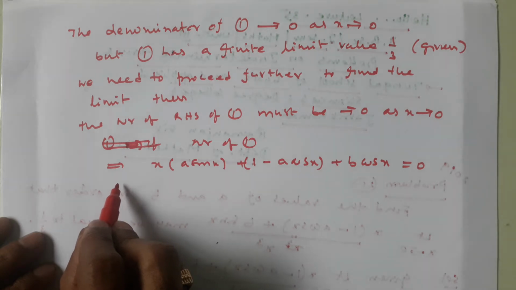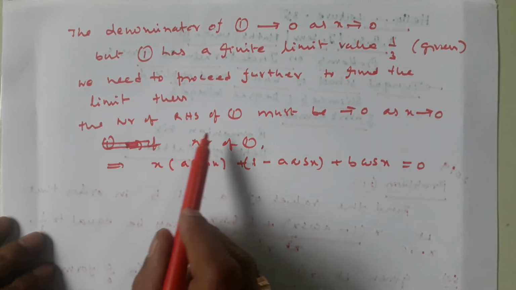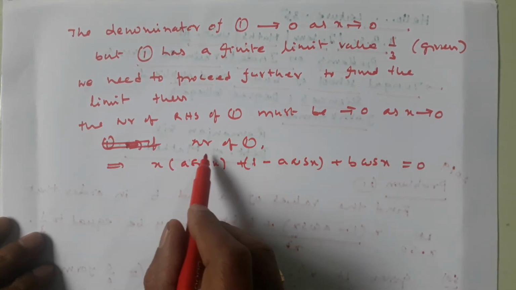This implies the numerator of the RHS of 1 must tend to 0 as x tends to 0.